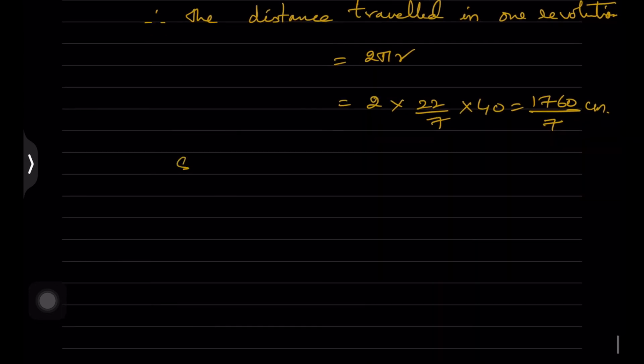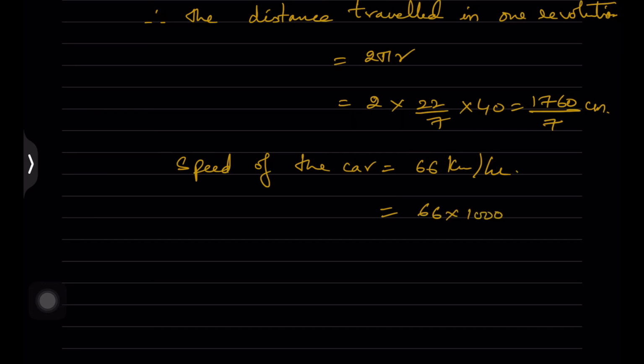Now what is the speed of the car? Speed of the car is equal to 66 kilometers per hour. So we convert it into centimeters per minute, because we have centimeters and minutes over here. It takes 10 minutes and 80 centimeters is the diameter. So you get 1,10,000 centimeters per minute.